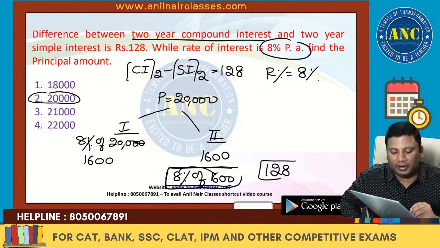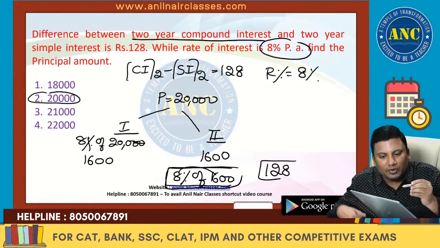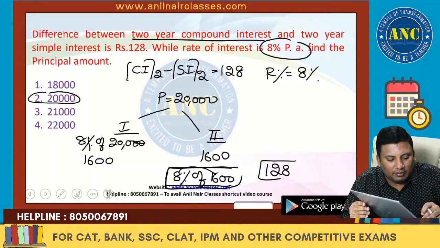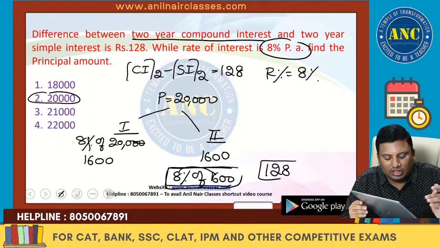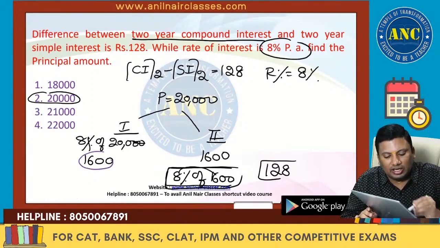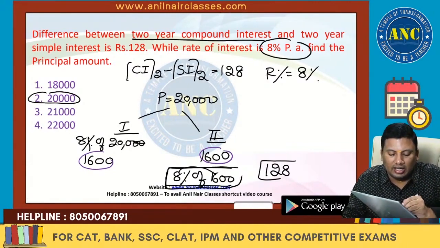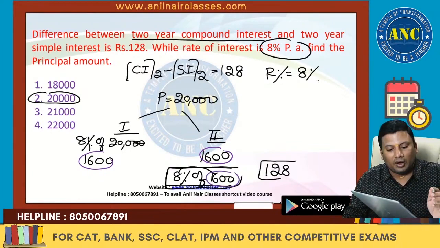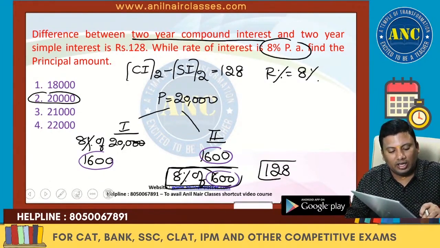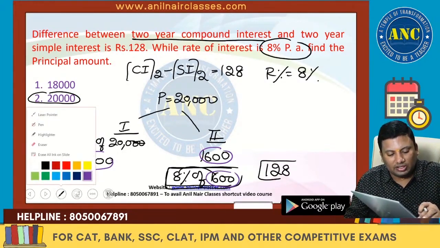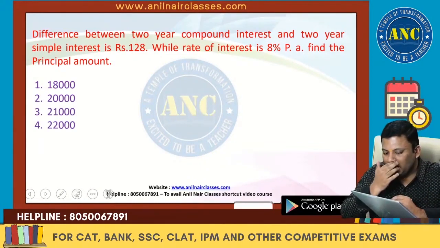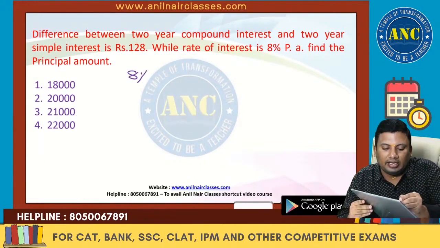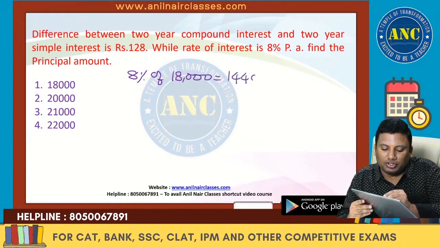So how am I picking is, now see here, this 1600 is nothing but 8 percentage of 20,000, and this is 8 percentage of 1600. I hope it is clear. Now on what basis I picked? First option, 8 percentage of 18,000. This is nothing but 1440.